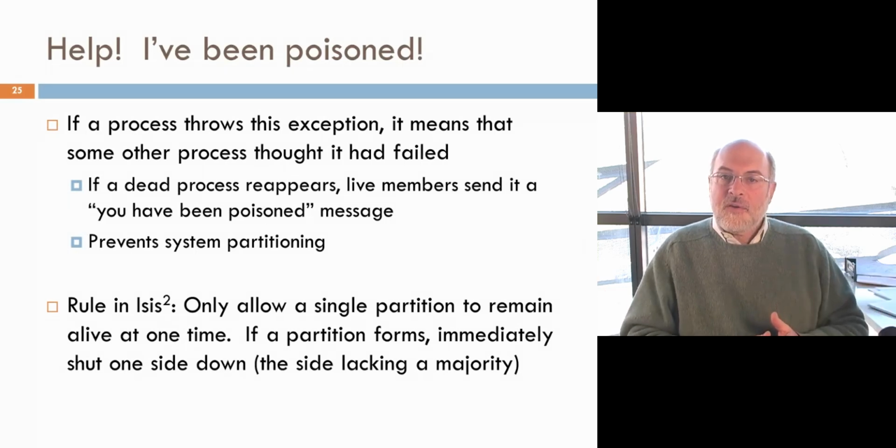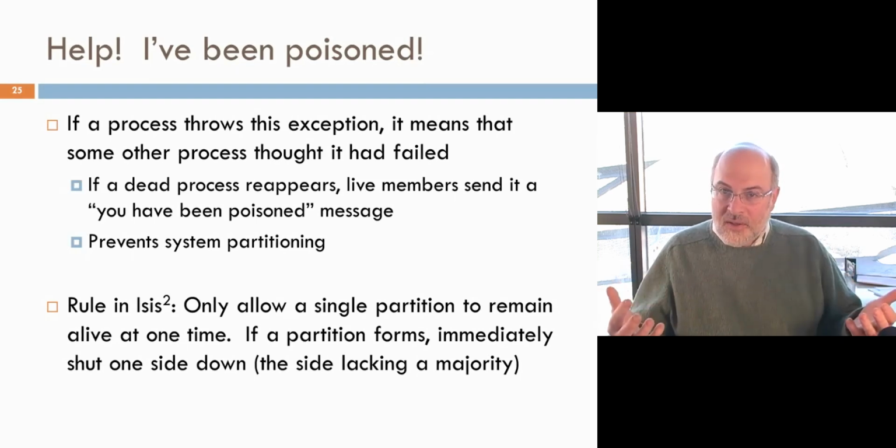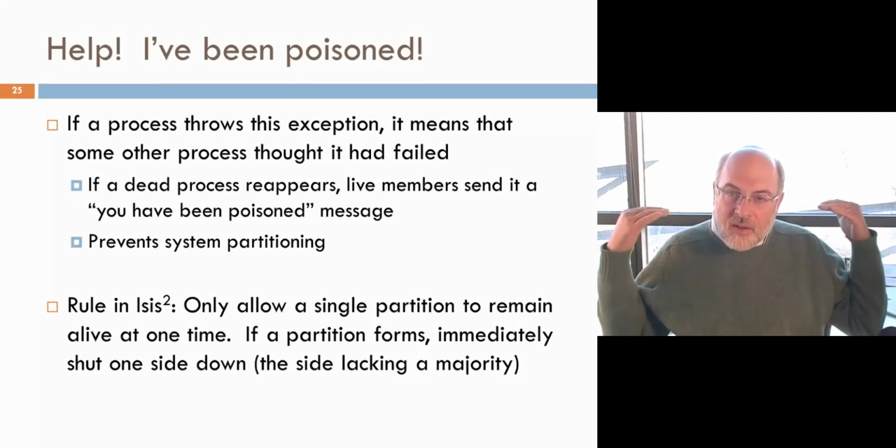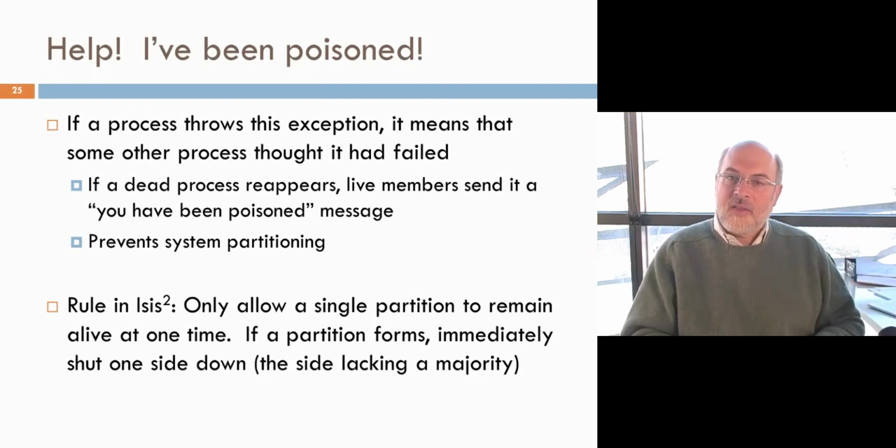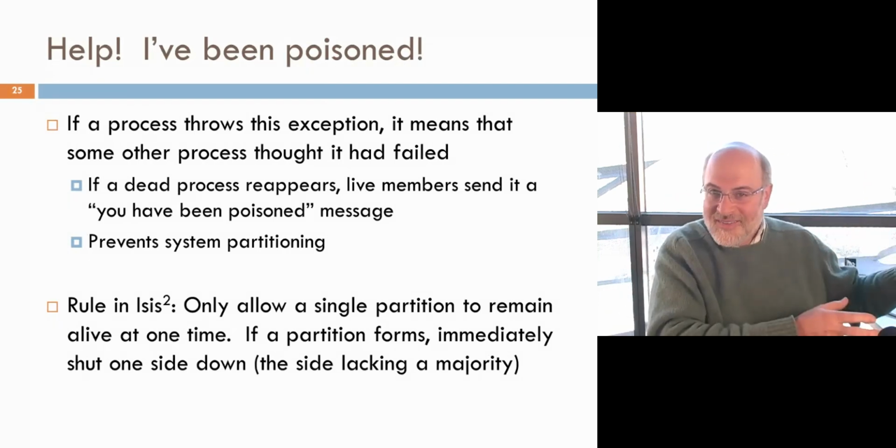So those are usually situations where you want to look at the machine where you got the poison exception and ask, why was it running so slowly? And you'll often find a memory leak or some kind of resource overload, which is causing the program to literally freeze up for 90 seconds. And that's why ISIS thinks, well, it's time to move on and not wait. Okay?